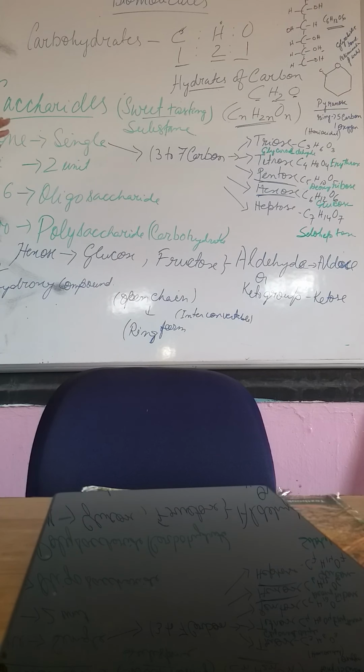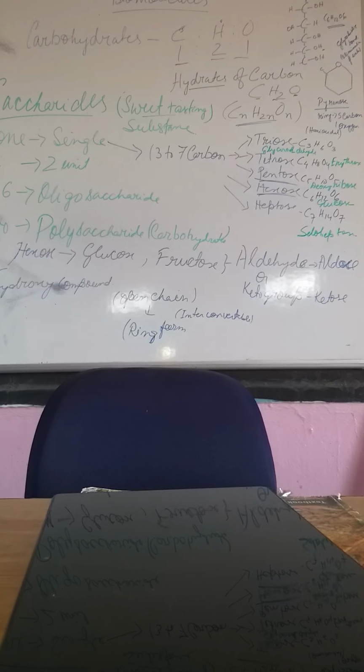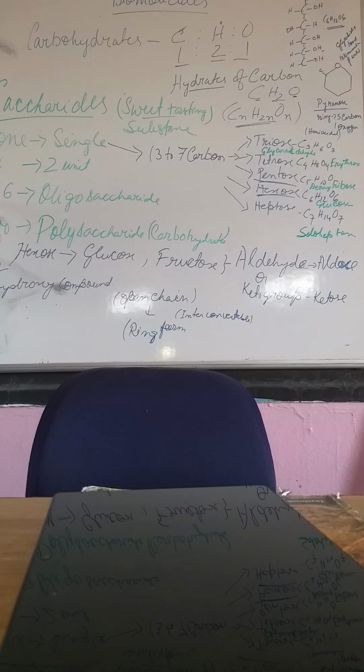Now a carbohydrate may have a single unit, known as a monosaccharide, or a double unit, known as a disaccharide. If it has 3 to 6 units, we don't call it trisaccharide or tetrasaccharide, we call it oligosaccharide. That means 3 to 6 units of carbohydrate is known as oligosaccharides.